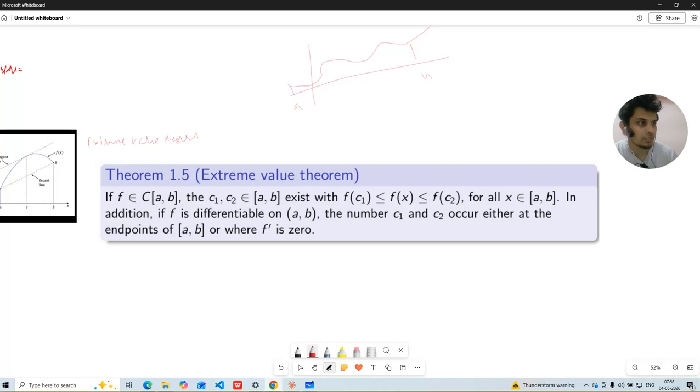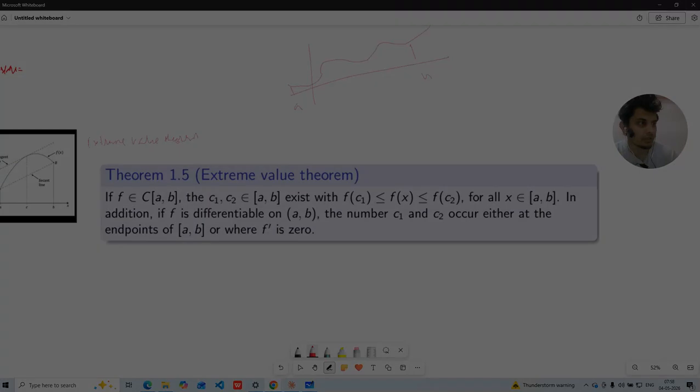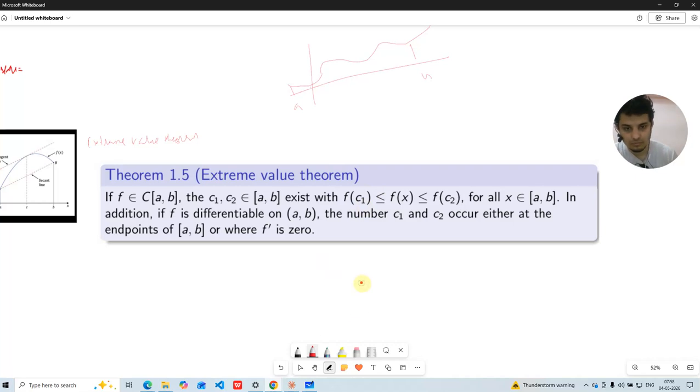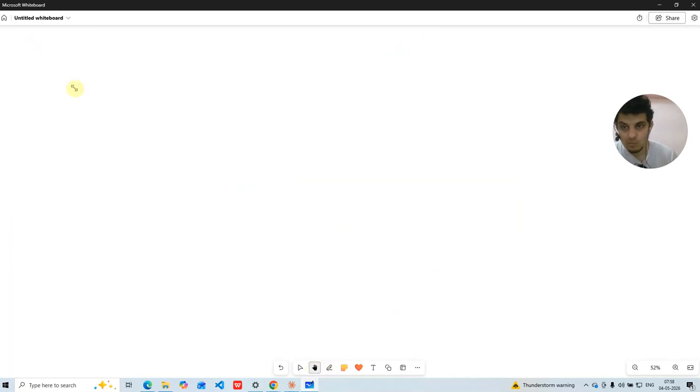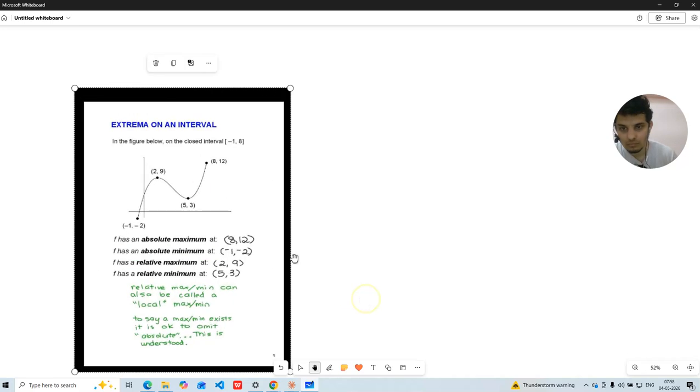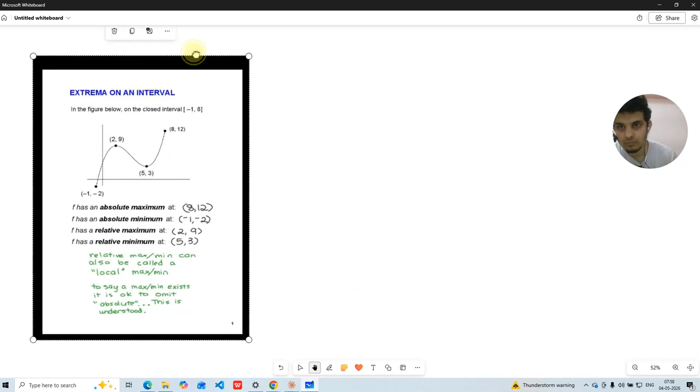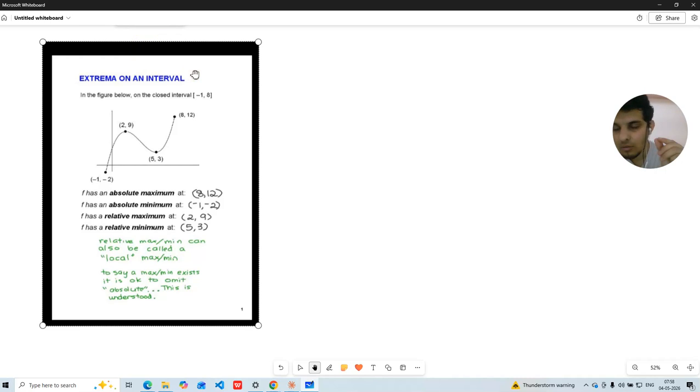Let's try to understand the extreme value theorem with this. So here we see a graph: f has an absolute maximum at (8, 12). f has an absolute minimum at (-1, -2). f has a relative maximum at (2, 9). f has a relative minimum, or local minimum, at (5, 3).